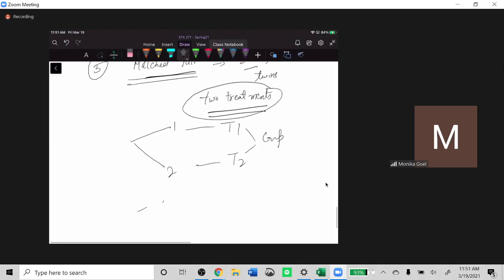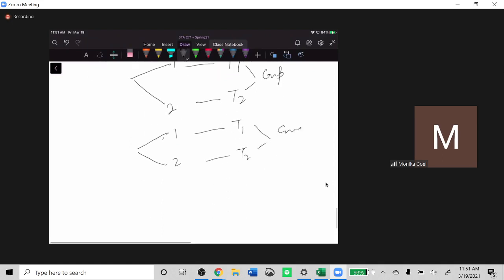Same thing, another pair, apply treatment one, treatment two, and compare. And let's say one pair has only one subject. That subject will get both treatments, but you randomize the order. This subject will get treatment two or treatment one first, and then you compare. So in the matched pair design, again, you work with only two treatments.